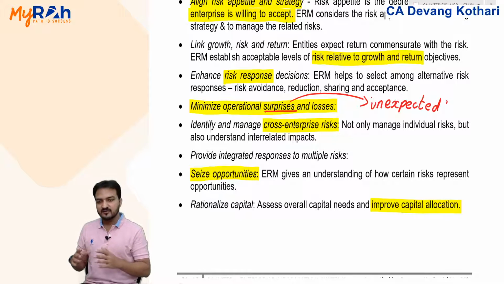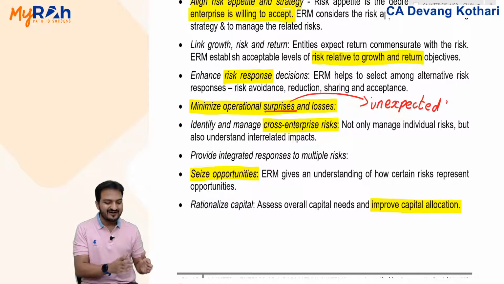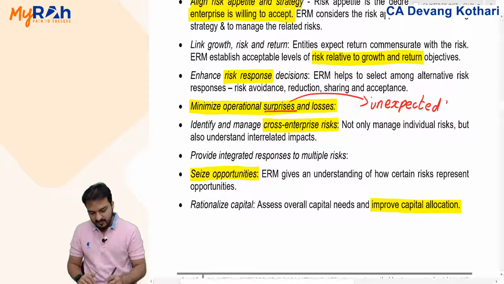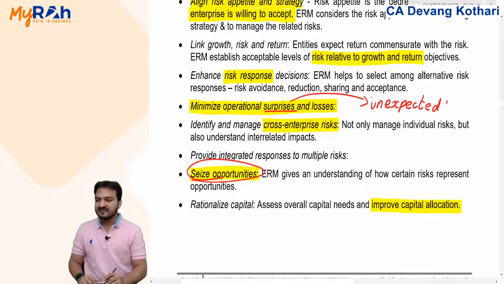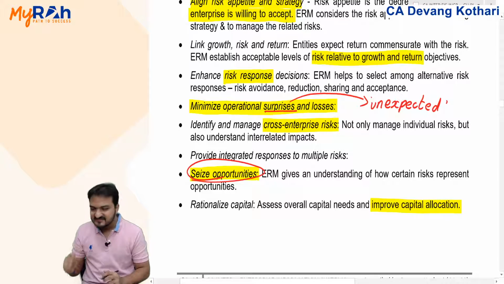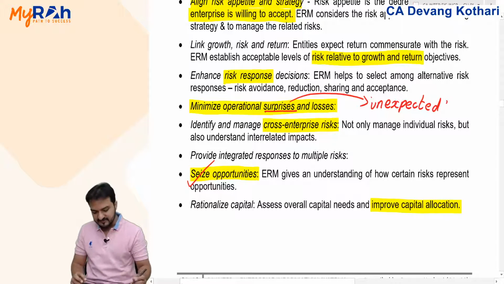If you look at the negative side, you find it risky, but if you look at the positive side, it looks like an opportunity. So risk management will help you seize the opportunity rather than fearing the risk and not doing the work. That is seize opportunities.